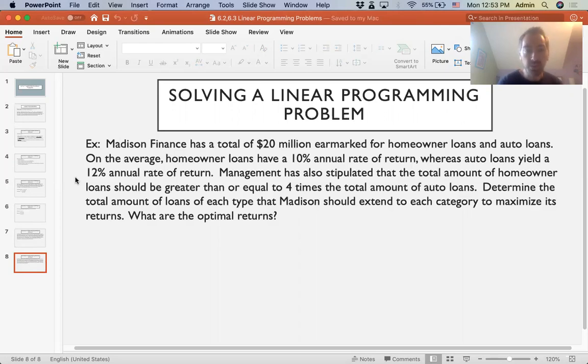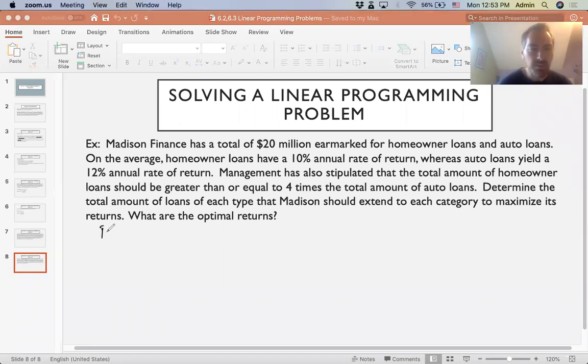All right, so the first step is we want to determine what our objective function is. What are we trying to optimize? We're trying to optimize our returns. We're going to just write this as a profit, right? That's how much profit we're making off of our investments. Okay, so what's our profit function?